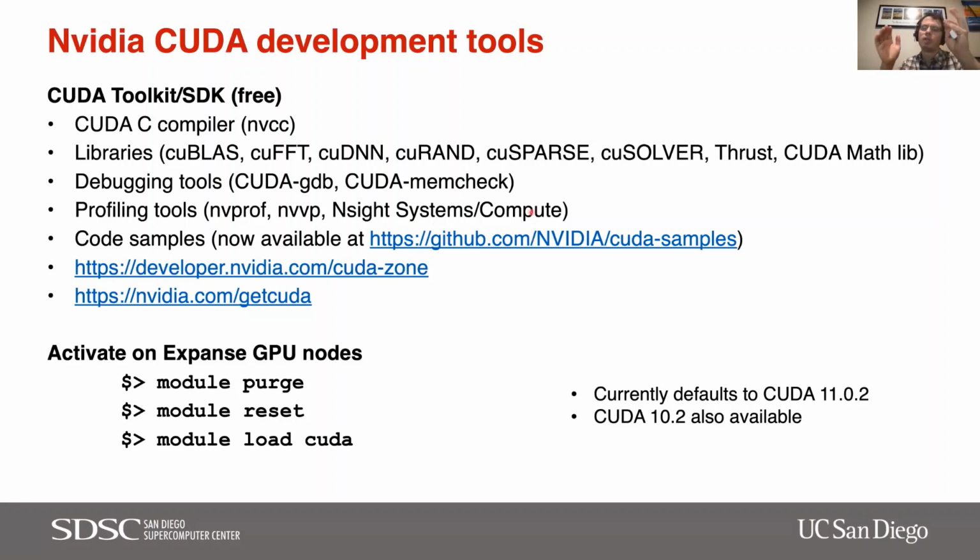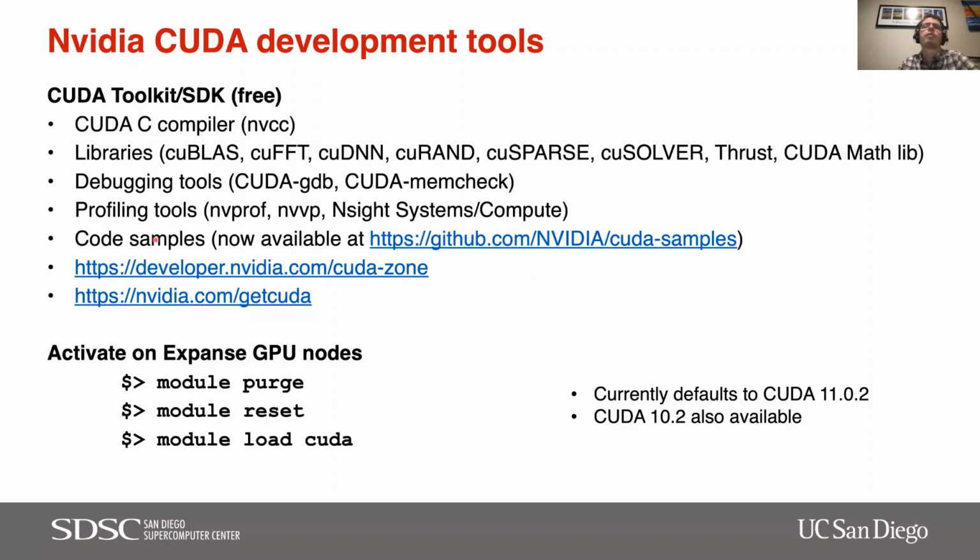And then Nsight Compute is for each function, each kernel. A kernel is basically a function that executes on the GPU, a function that you wrote. You can analyze that in detail: the memory bandwidth, the data transfers, everything that's happening literally in that function, so that you have an idea how to optimize your code.